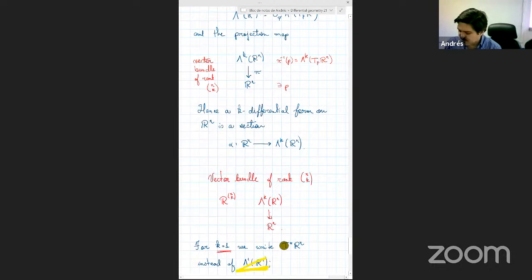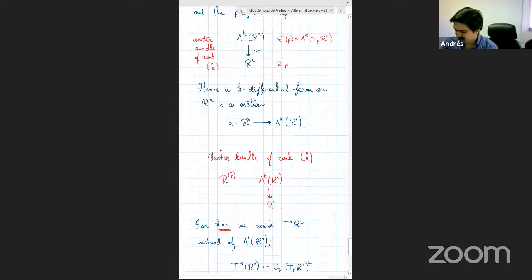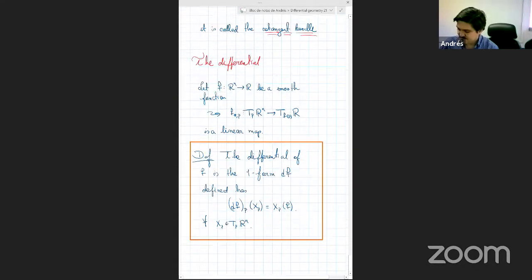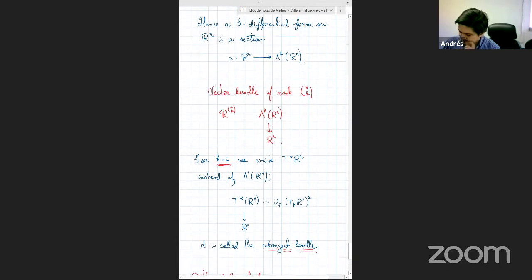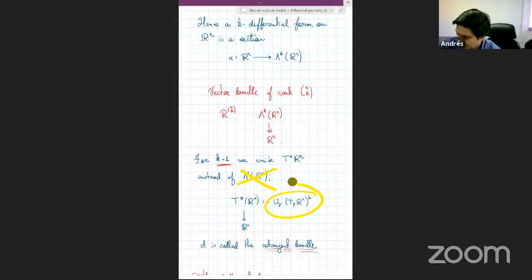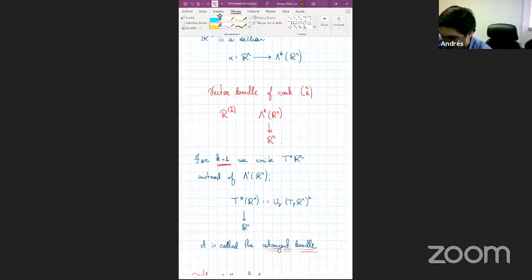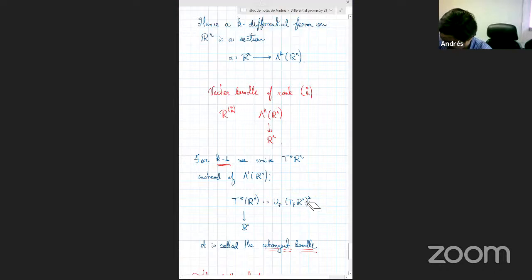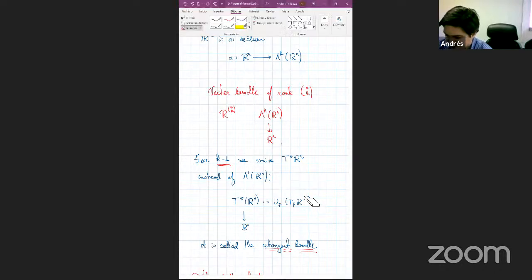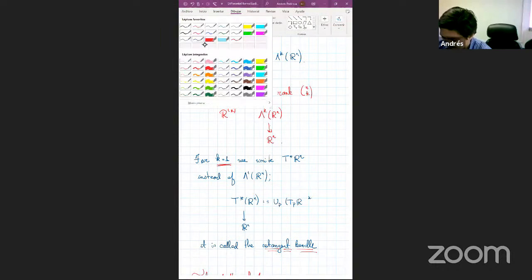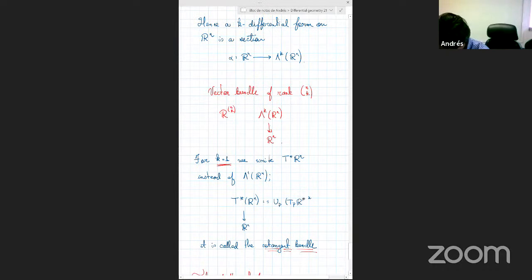We don't use this notation, we use T star. And that's called the cotangent bundle. So for k equals 1 is different, we don't use this. We have this. And that's the cotangent bundle. Like this. Okay?